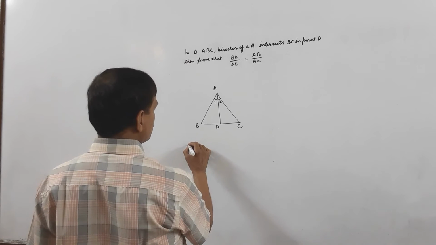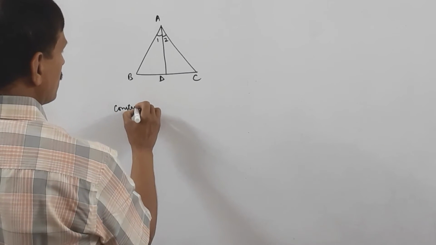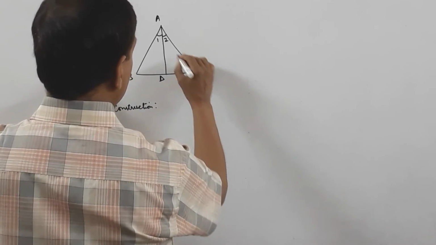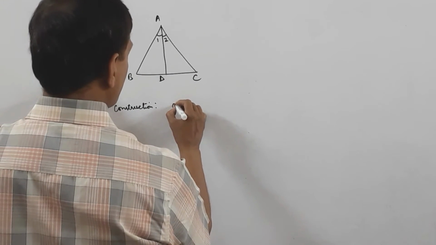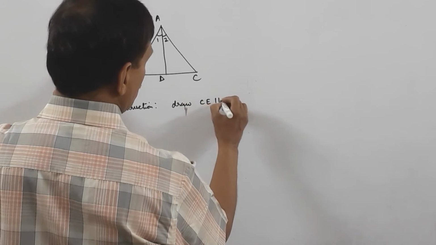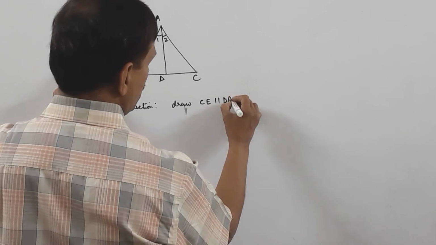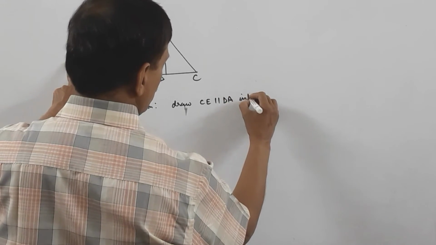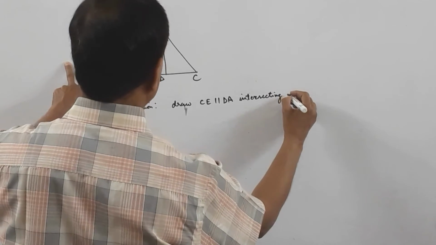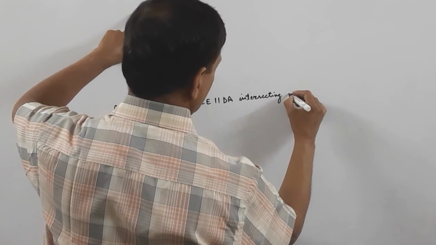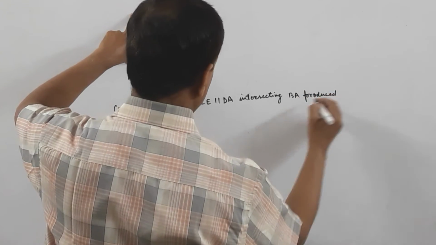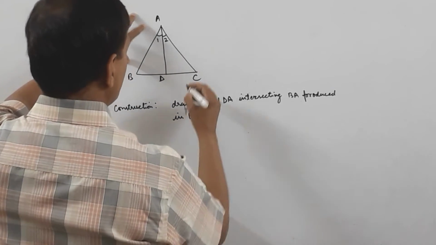We take construction: draw C parallel to DA, intersecting BA produced in E.